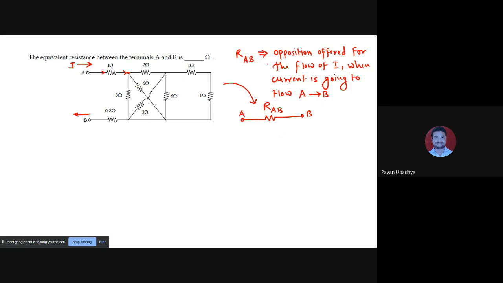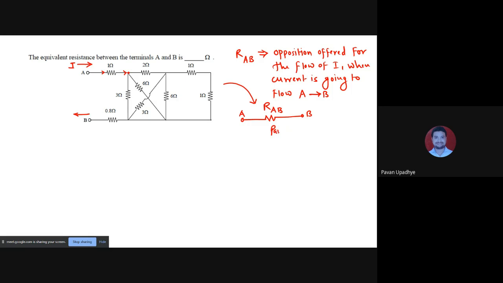Whenever current divides, it is as good as there are some parallel branches. But we cannot conclude which branches are in parallel with this much knowledge only, that current is dividing.